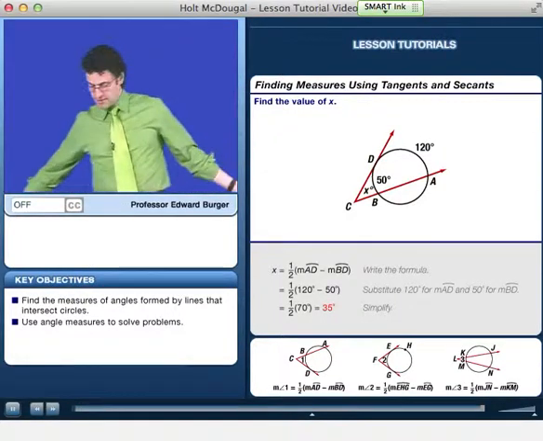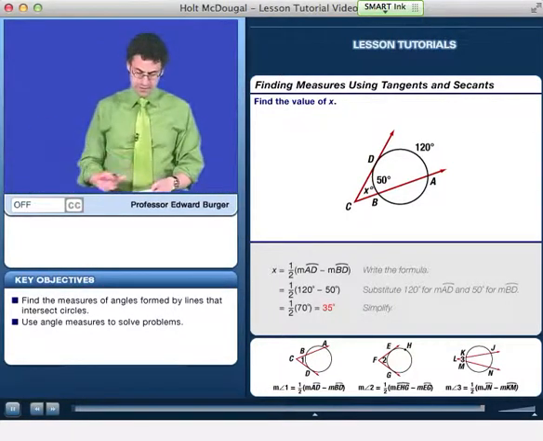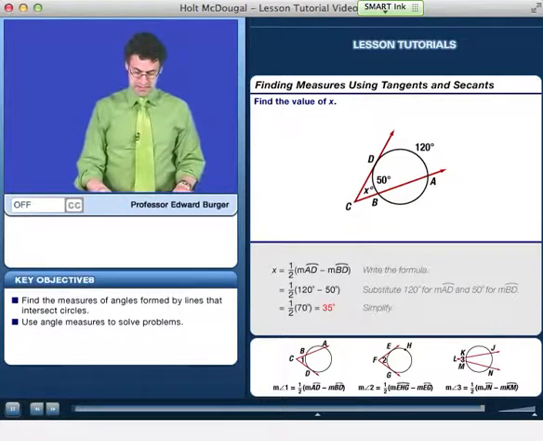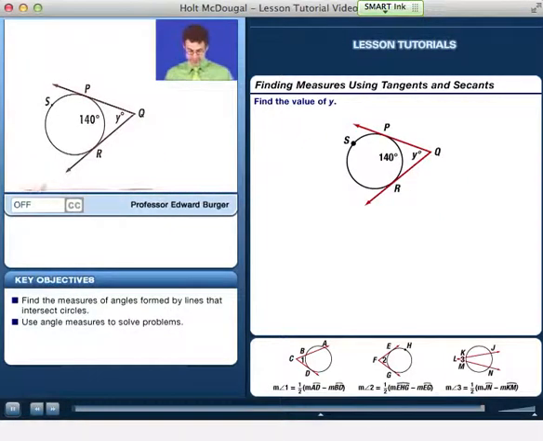Let's try one last example. See if I can stump us. We're given this picture here. We're told that these two lines are tangent. So one line is tangent to the circle at P, and one line is tangent to the circle at R. That's given to us. We're told that this inner arc right here is 140, and our mission is to find out what this angle Q is.